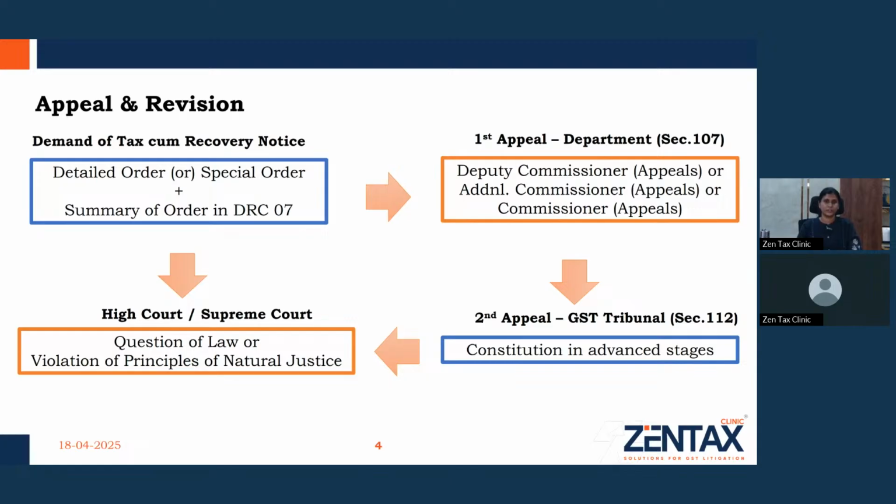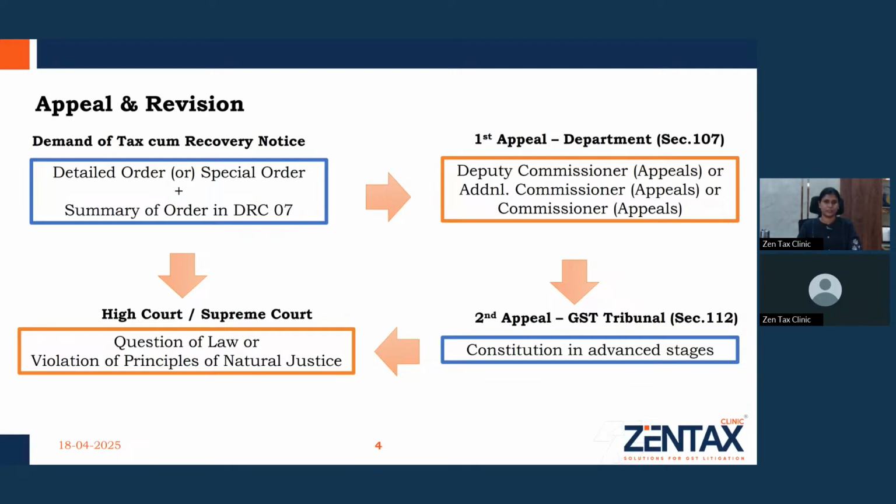During that proceedings, a second appeal has to be filed with the GST Tribunal. These provisions are given in Section 112 of the CGST Act. This GST Tribunal is the penultimate remedy available. Thereafter, the taxpayer has to go only to the High Court or Supreme Court.